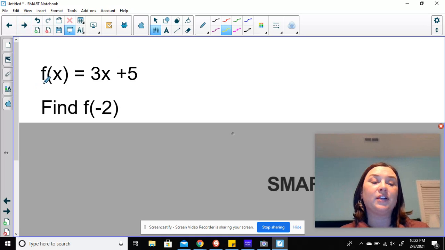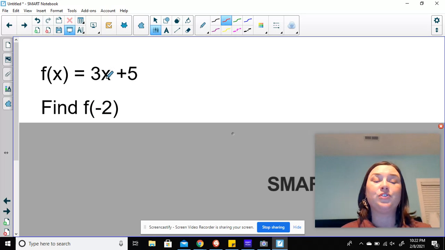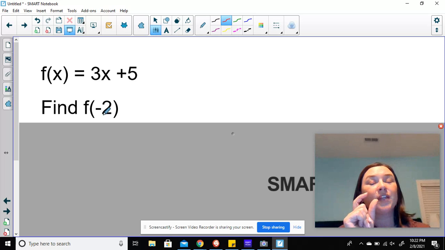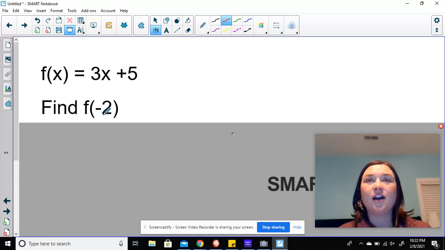Then what if something's in function notation? So remember, this is pronounced f of x equals 3x plus 5. If I ask you to find f of negative 2, that means everywhere you see an x, you plug in negative 2. If there were three terms here and they all had x's in them, you would put the x in every one. Remember to put that x in parentheses in case it's negative, because if you raise a negative to an exponent, it is sometimes negative and sometimes not, according to if the exponent's even or odd.